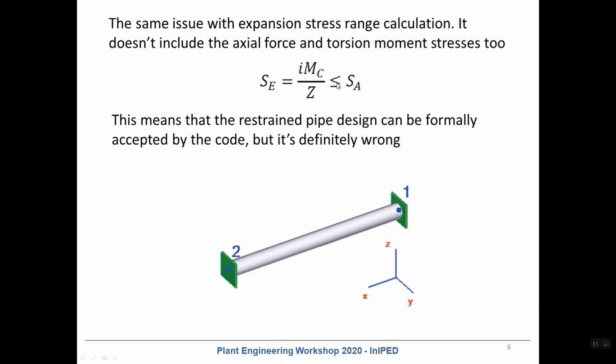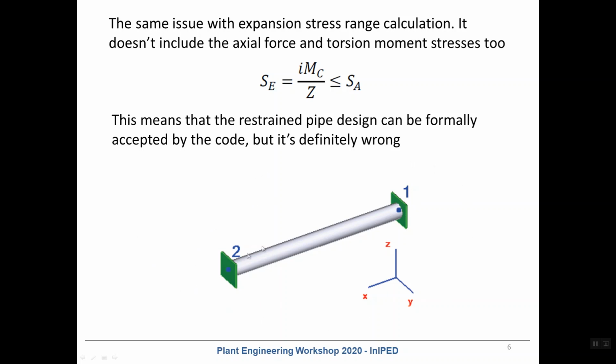In the ASME B31 code, it takes into account only bending moment. It doesn't take into account the axial force or the torsion moments, only bending moment.